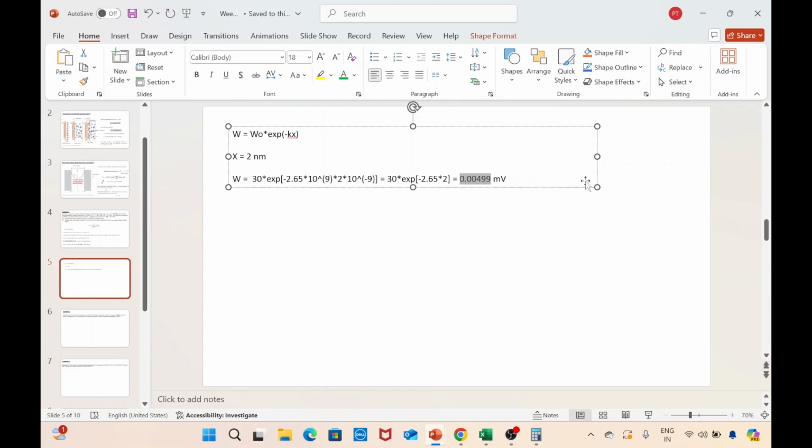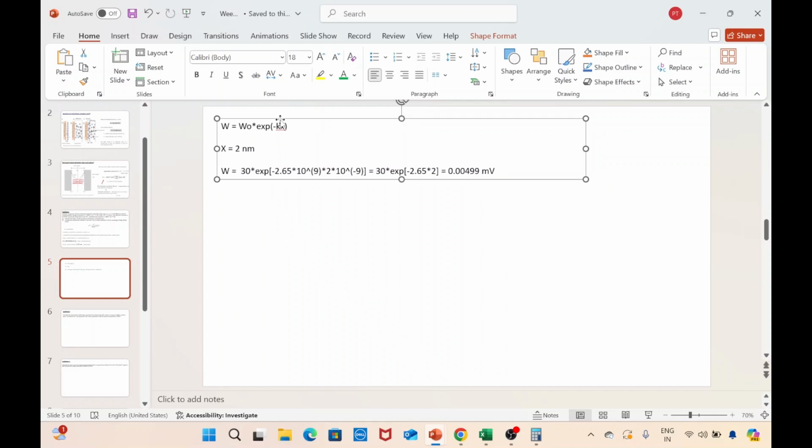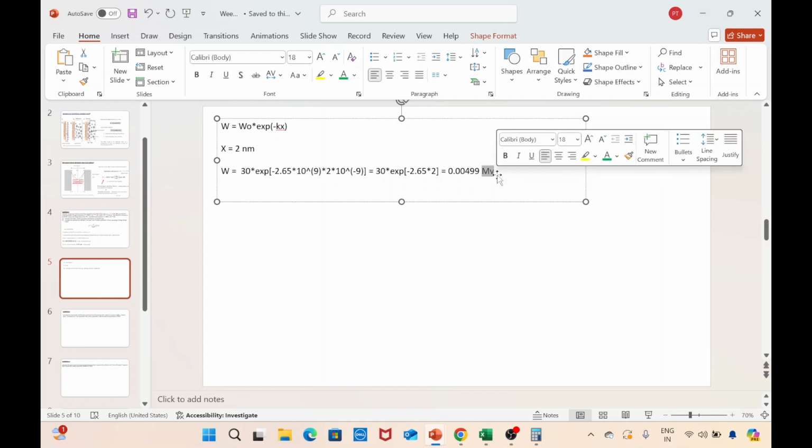This is a mathematical way to help convince us that what we are saying is right.